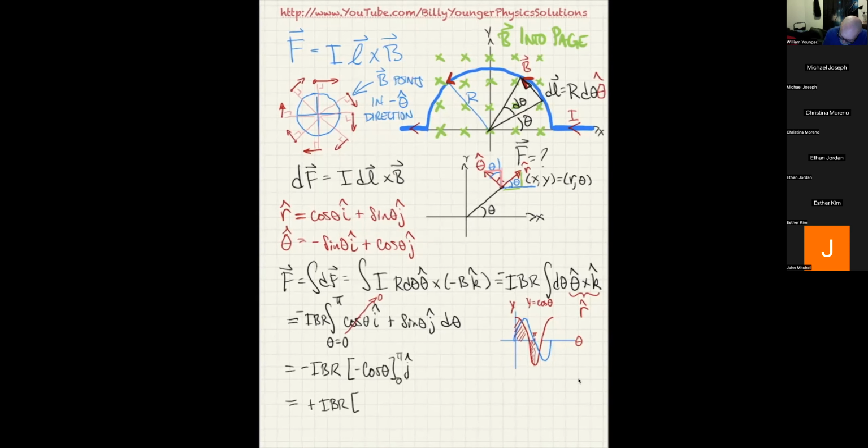So cosine of pi is in fact equal to 0. Ooh. No, cosine of pi is equal to -1. And then minus the cosine of 0, which is +1. And then times j hat. So I ultimately get -2 IBR j hat is equal to the force. That's it.